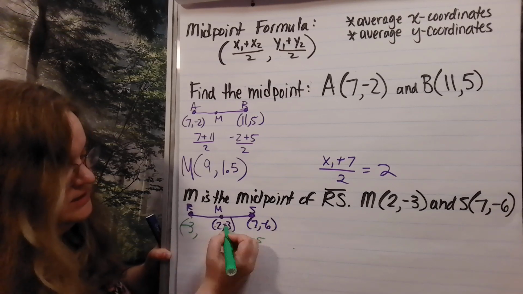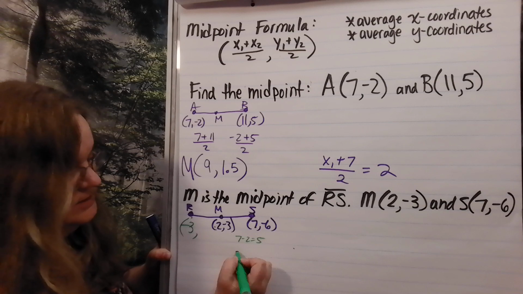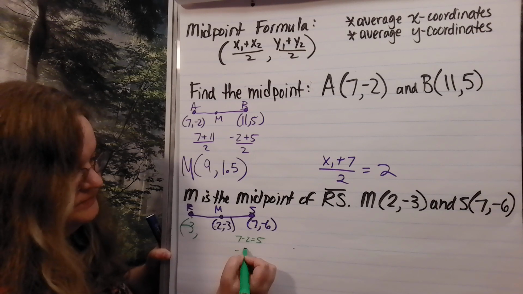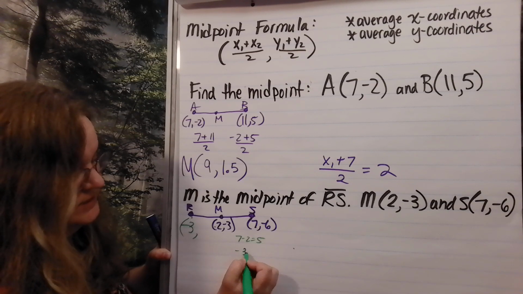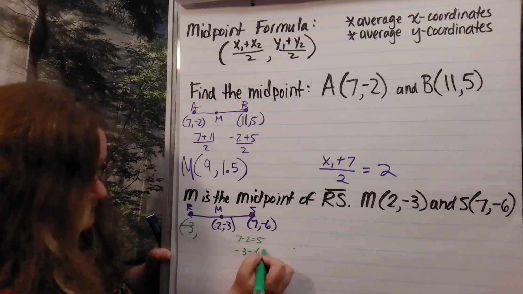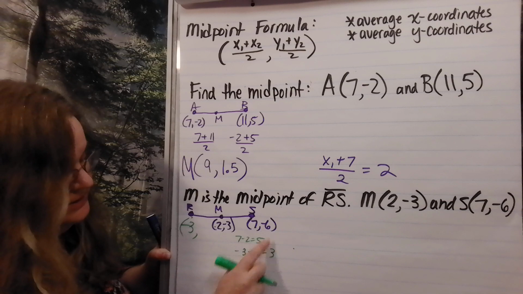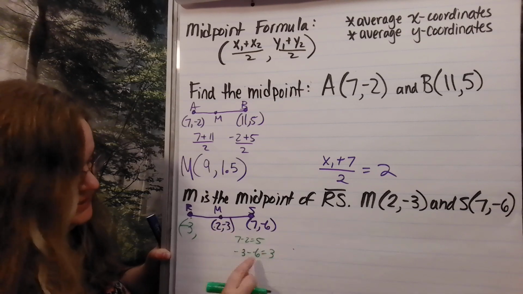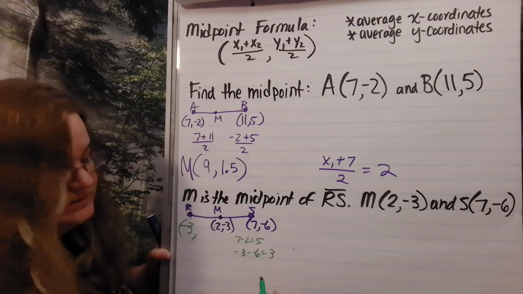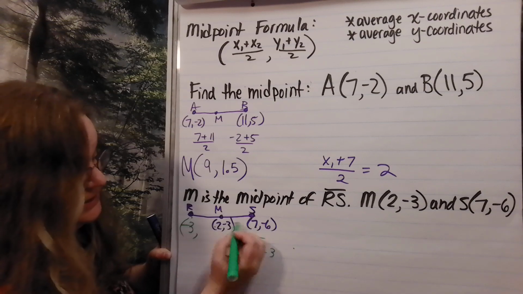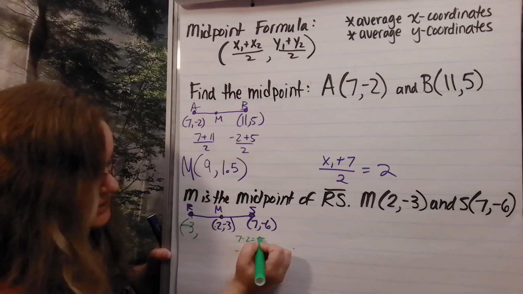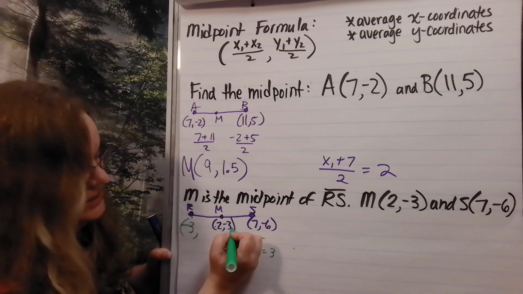If I look at the y coordinates, the difference between -6 and -3 is 3. I could have done -6 minus -3, it doesn't matter. I'm basically looking at the absolute value. This is a difference of 3. Now, this was going down, so I need to go up.